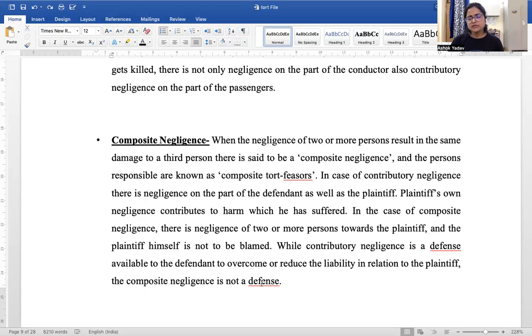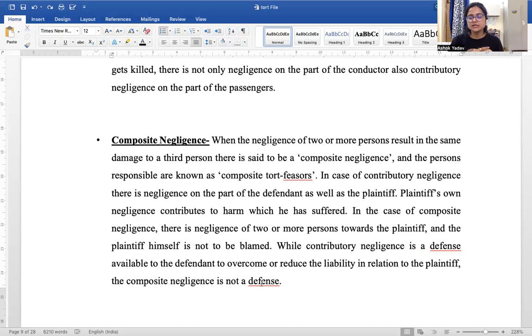The defendant can always say that there was negligence on the part of the plaintiff also, so the compensation that he's being asked to pay to the plaintiff will be reduced if there is contributory negligence. But composite negligence cannot be used as a defense.